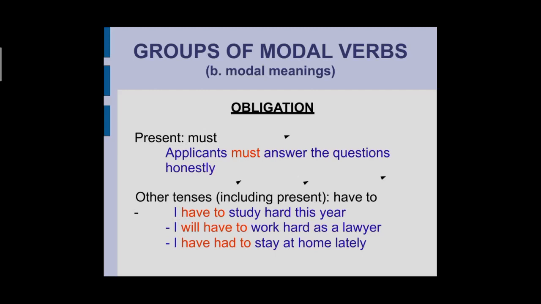I will have to work hard as a lawyer. ये भी एक ऑब्लिगेशन किस चीज़ के लिए? एक सक्सेसफुल लॉयर बनने के लिए आपको वो करना ही है. That is an obligation. I have had to stay at home lately. That is also one obligation कि आपको अपने घर में ही रहना पड़ रहा था और पड़ रहा है. That is an obligation.